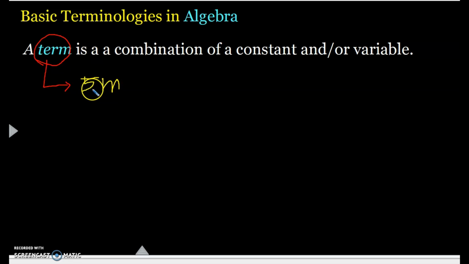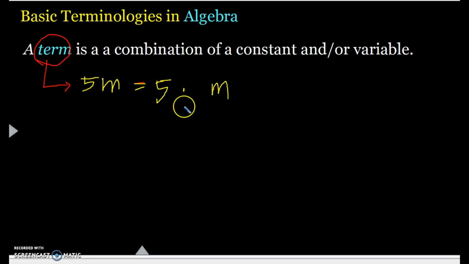This 5 and m that are being multiplied can be expressed as 5 times m, and they are called factors. Between the two factors, one is a number and the other is a letter.